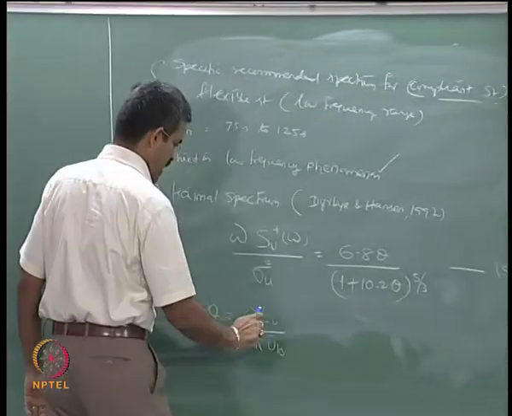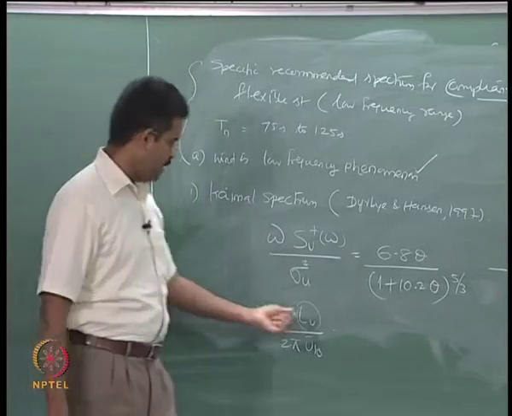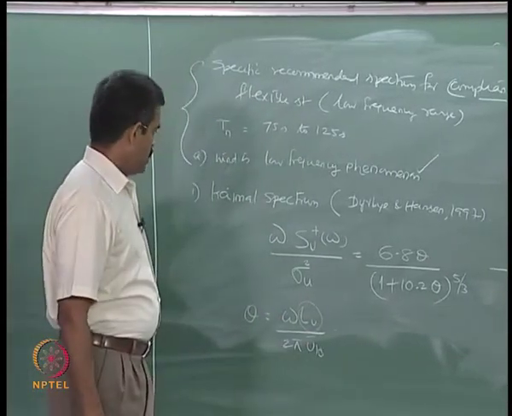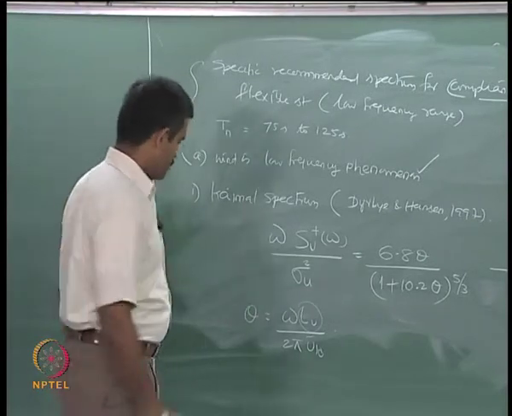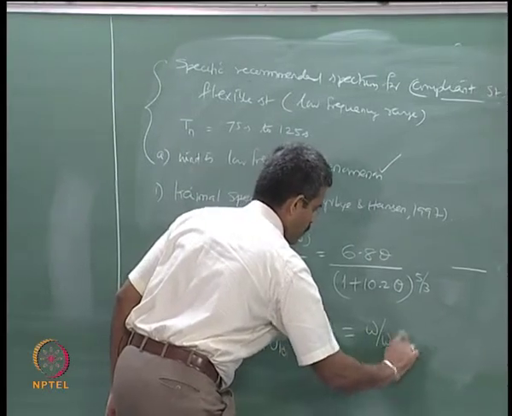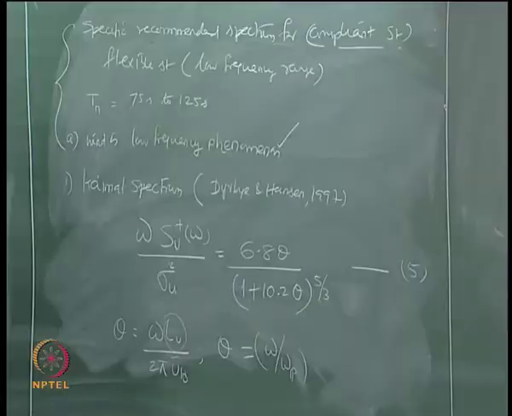Since the Lu value is associated with a specific dimension related to Davenport and Harris, the improved version of Kaimal spectrum says theta simply is replaced as the ratio of omega by omega p, where omega p is the peak frequency.